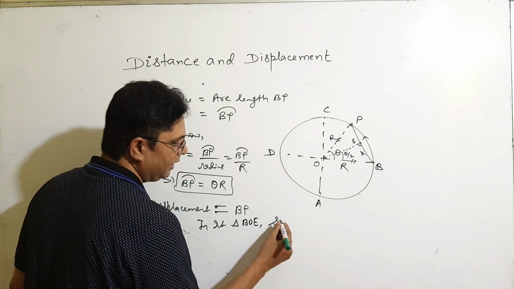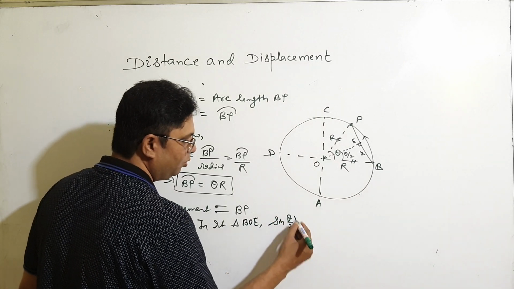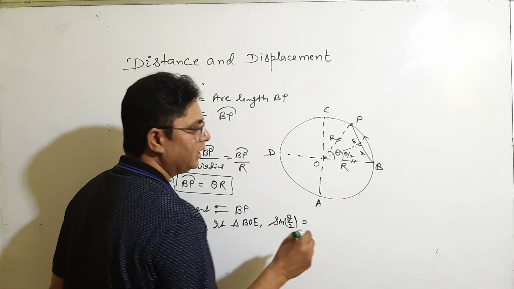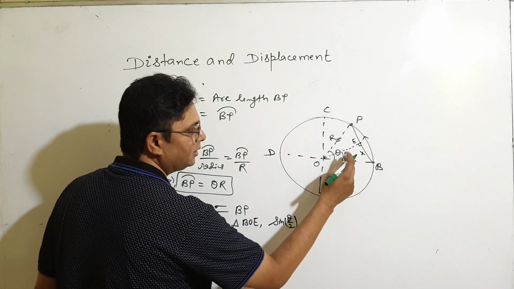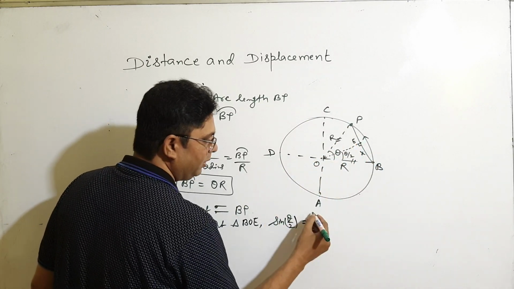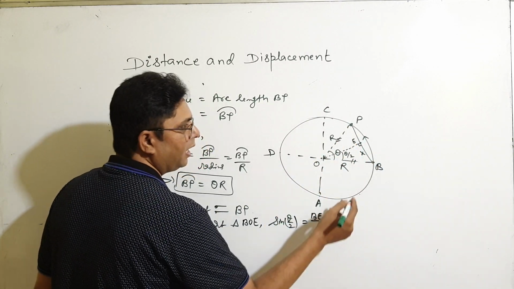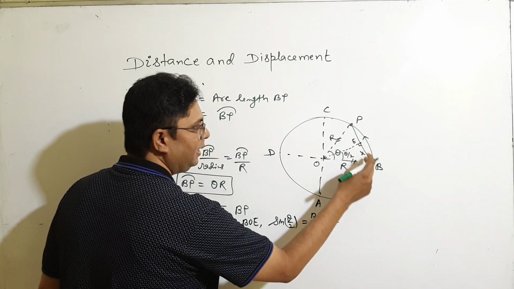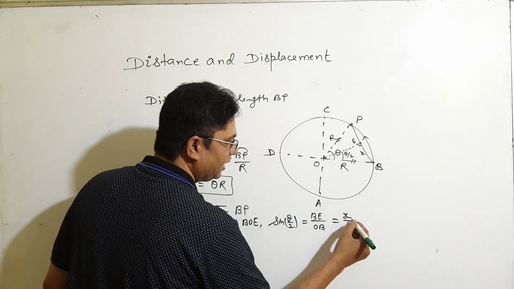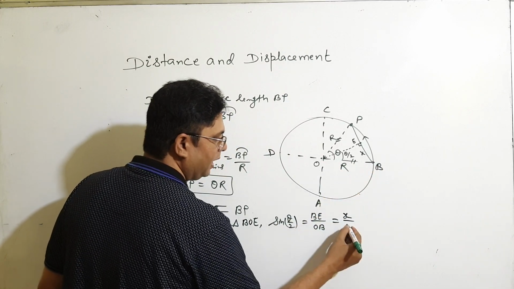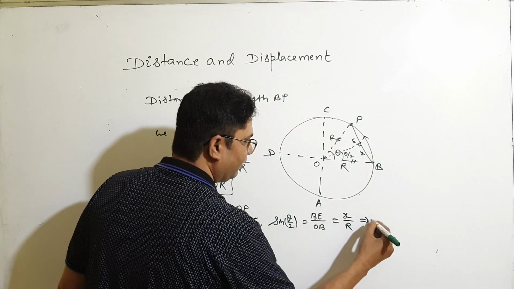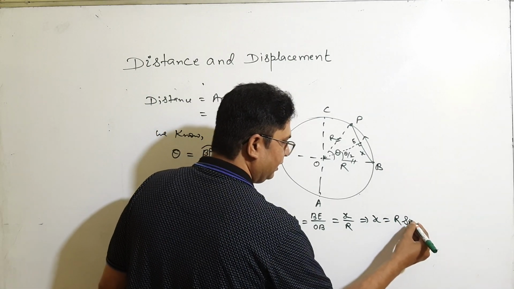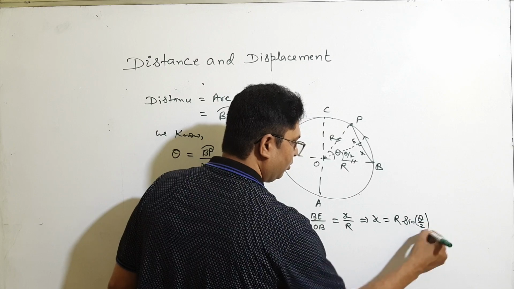You have sine theta upon 2 is equal to perpendicular by hypotenuse. So perpendicular is BE and hypotenuse is OB. As BE is supposed to be x and OB is r, so you have x is equal to r sine theta upon 2.